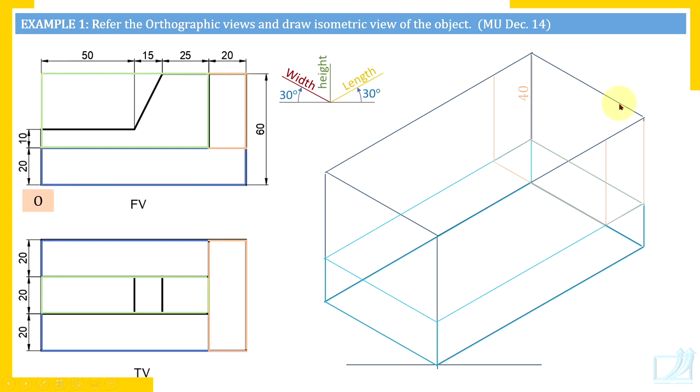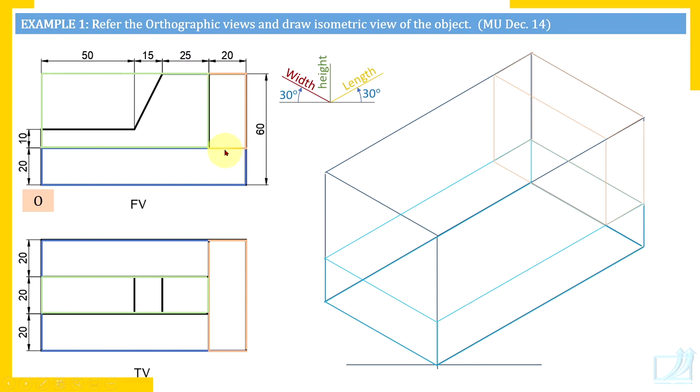So up to the top of the entire body, and then join the top corners of these four vertical edges. And this is how we have constructed that vertical plate. So a horizontal plate to which a vertical plate is attached. Right now this is all construction work. We are not drawing edges.